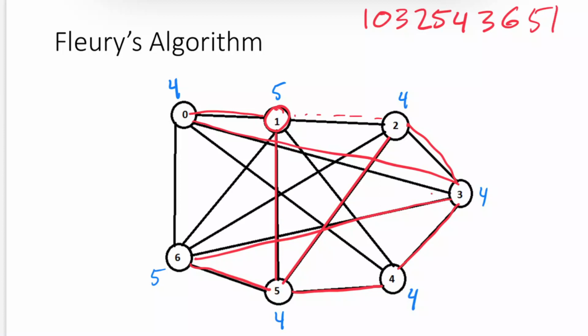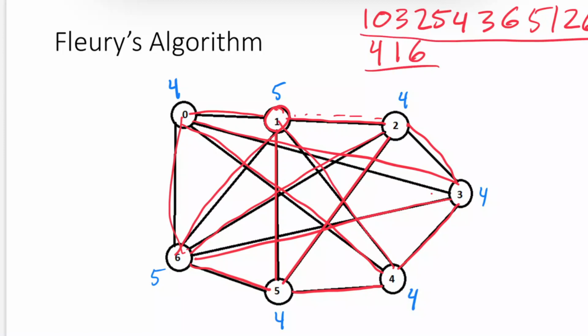And then maybe I'll go to vertex 2, and then I'll go to vertex 6, and then maybe I'll go up to 0, and then go to 4, and then go up to 1, and then go back down to 6.